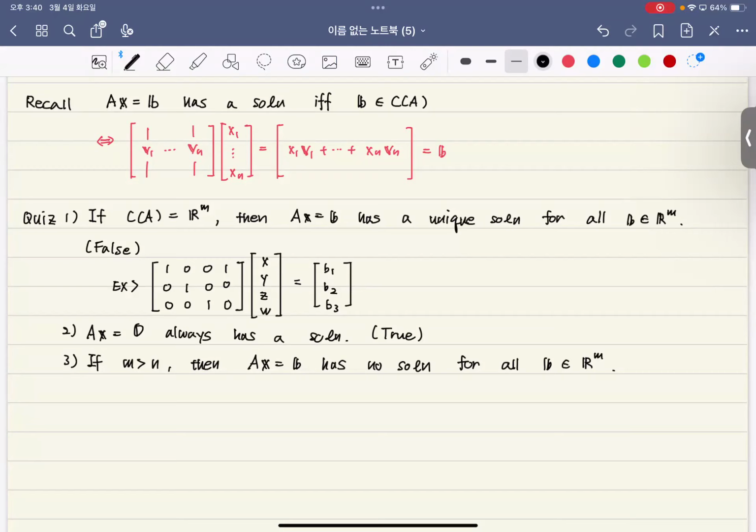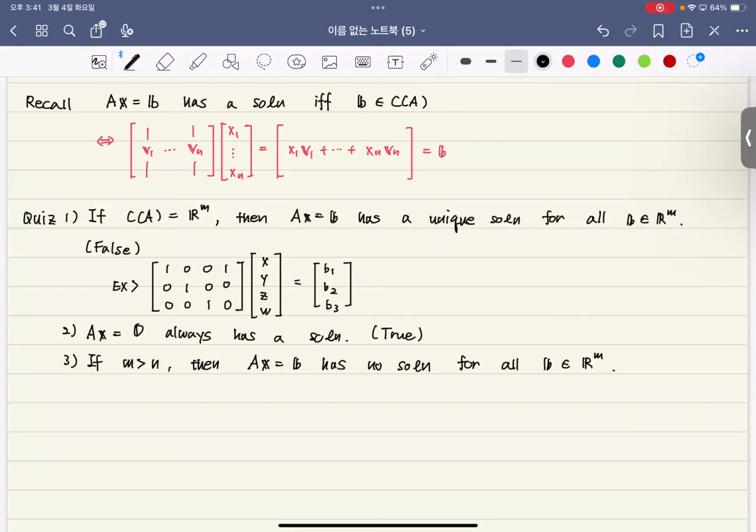Having a narrow matrix means that the number of equations in this system is greater than the number of unknowns. If you have a system of linear equations whose number of unknowns is less than the number of equations, then most likely you may not be able to find the solution. So, in this sense, this statement may be true.